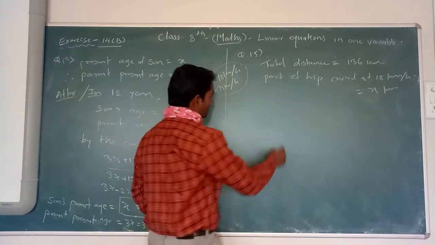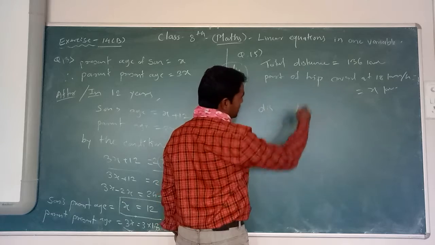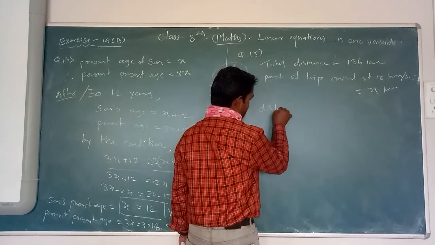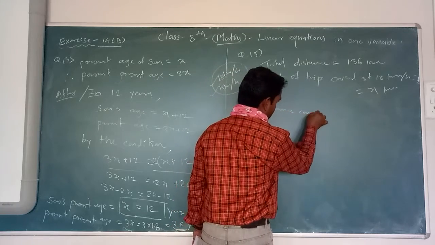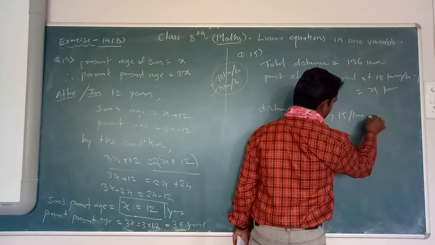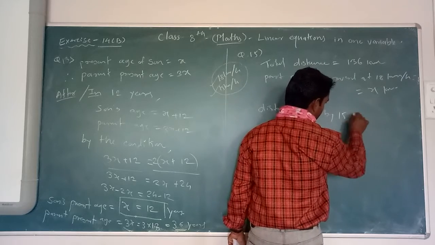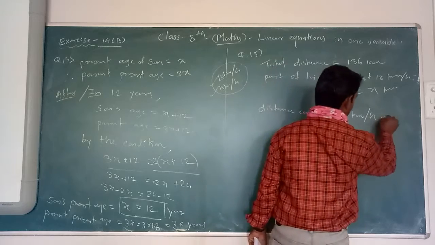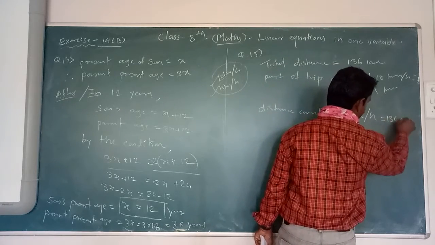The remaining distance we will take as 136 minus x. Distance covered by 15 km per hour is equal to 136 minus x.